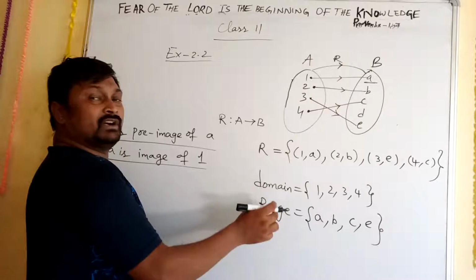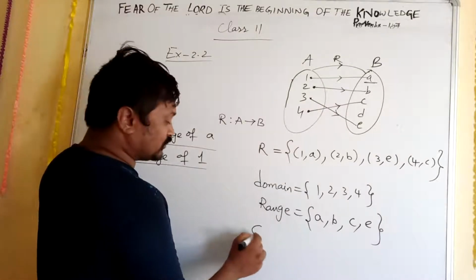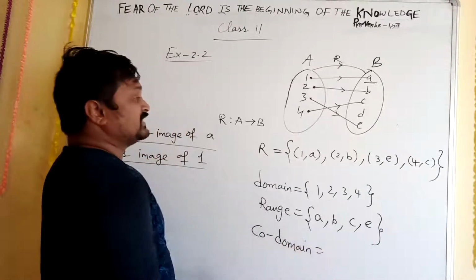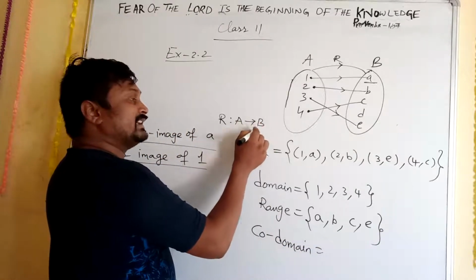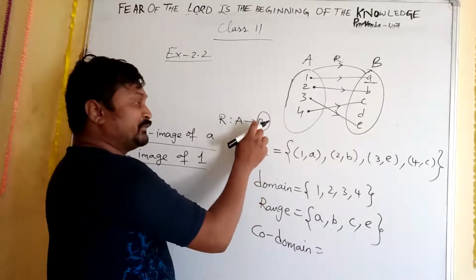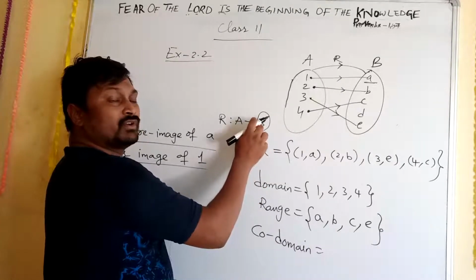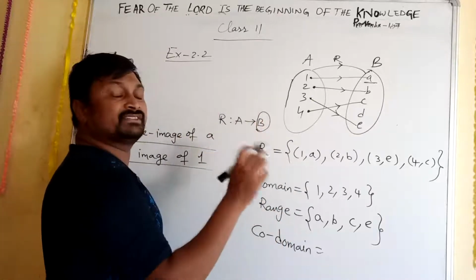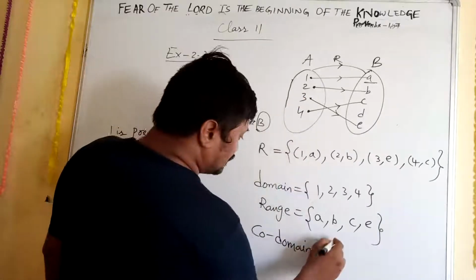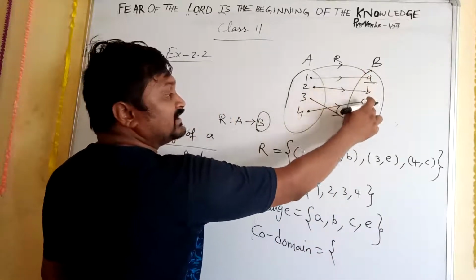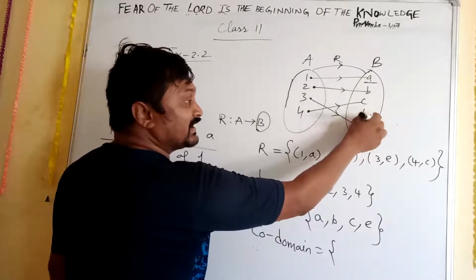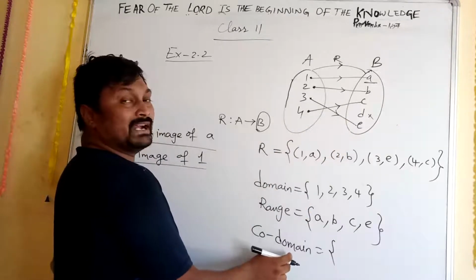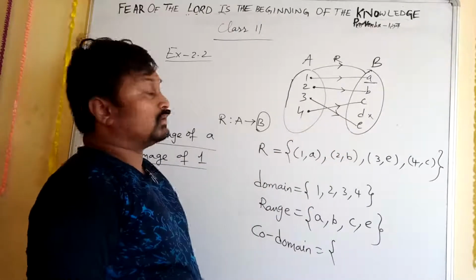Now domain you understood, range understood, then what is your codomain? Codomain means, in the relation, whichever set is the second, that full set we call the codomain. Whether it has a relation or not, all elements we need to take. So what are all the elements? A, B, C, D, E. Here D does not have a relation, but it is also considered when you write the codomain.